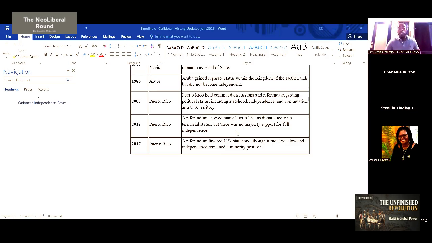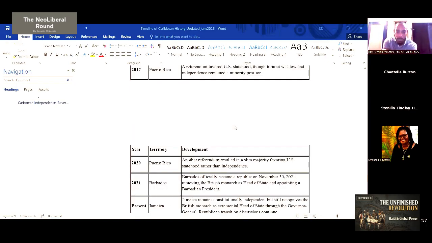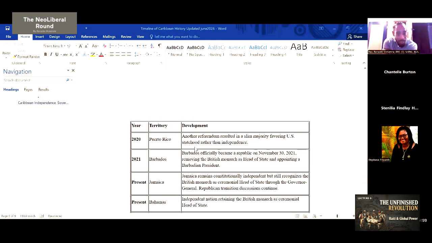They've had so many referenda to decide whether or not to remain with the U.S., and every time the majority of Puerto Ricans decided to remain a territory of the U.S. I wonder why. They had another one in 2020, which resulted in a slim majority.